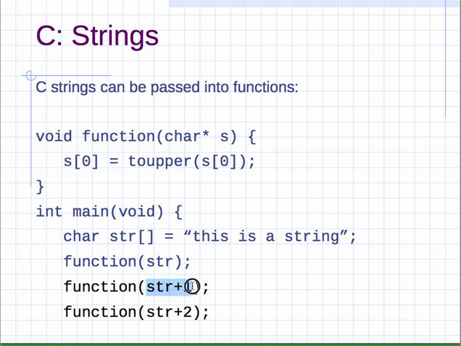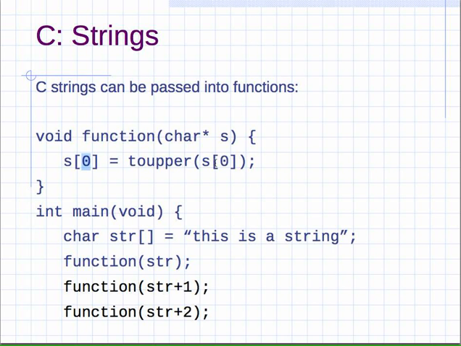It's not usually done, but this is perfectly legal in C. That is, you get the address of the second thing in this array of characters and pass it to the function. Even though we say 0 here, in effect what we're doing is setting the second location in this string str to have an uppercase version of itself.